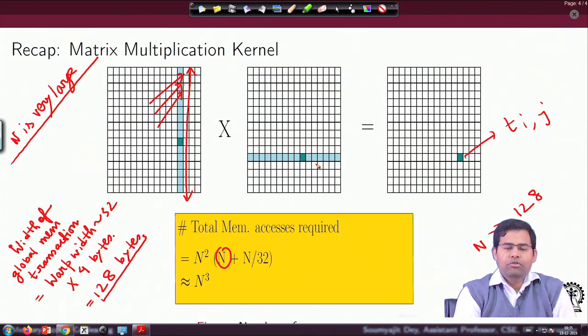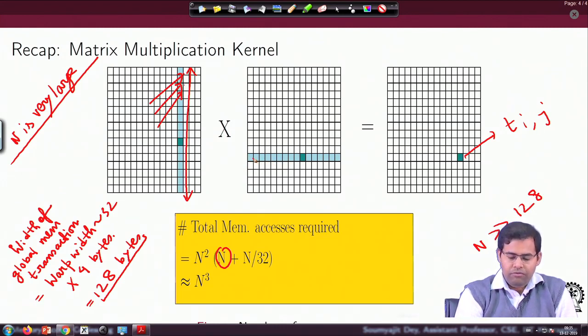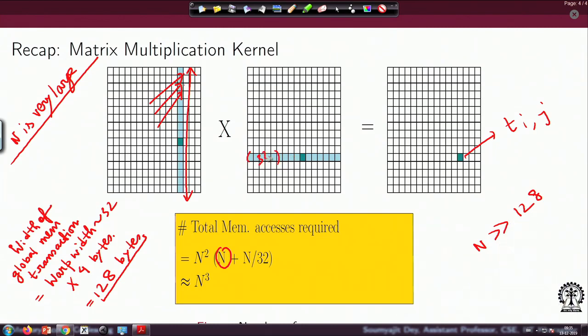Because we all know that we are following a row major kind of setting in the RAM. So all of these elements are going to sit side by side. They are consecutive elements separated by 4 bytes considering an integer matrix, right? So out of this n, the consecutive 32 would be brought by a single transaction, right?